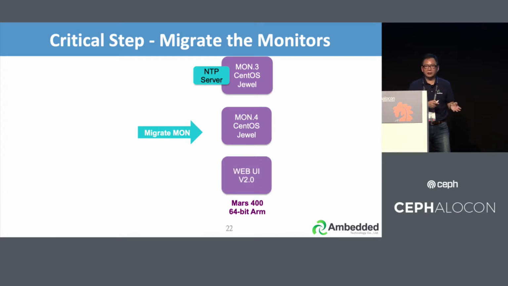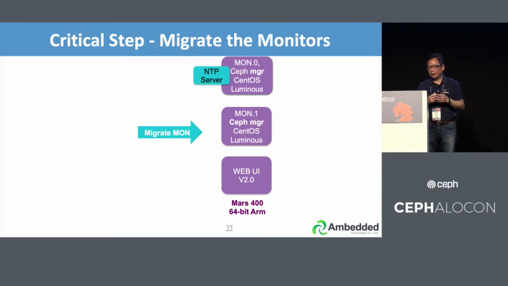After we kill those, we still have 2 monitors in the cluster, and we can start to use our new version of Web UI. The next step is to migrate these 2 monitors to the Luminous version, one by one.